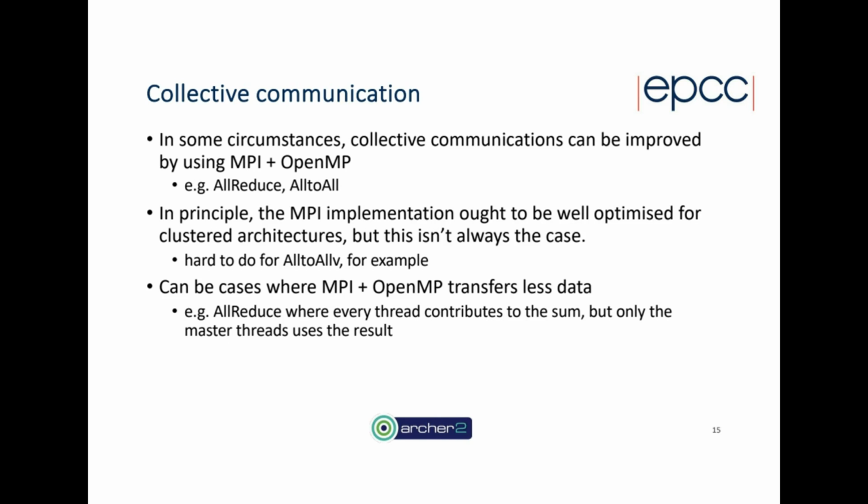So you can miss out one of the stages of communication, where you don't need to distribute the result across all the cores in the node, which is what would happen if you had MPI everywhere.